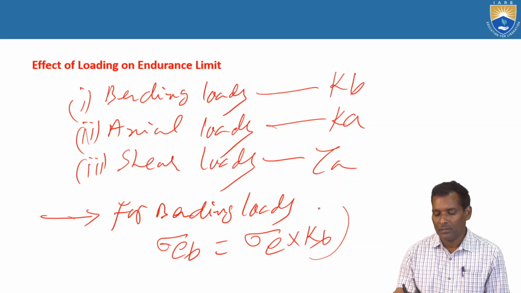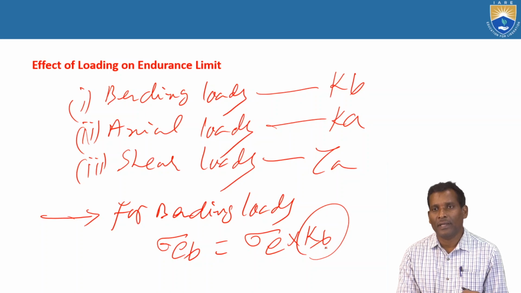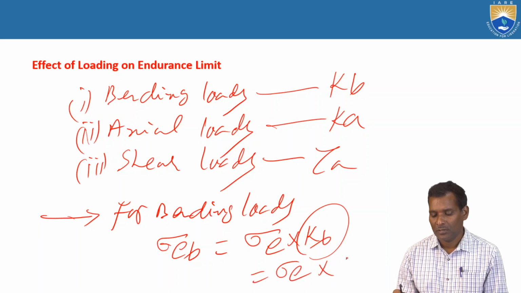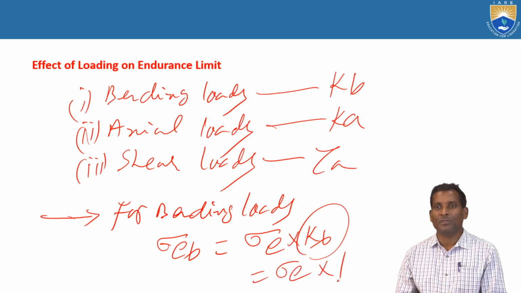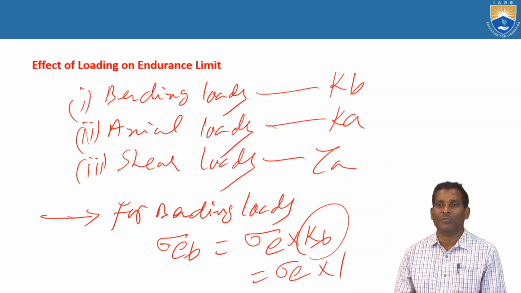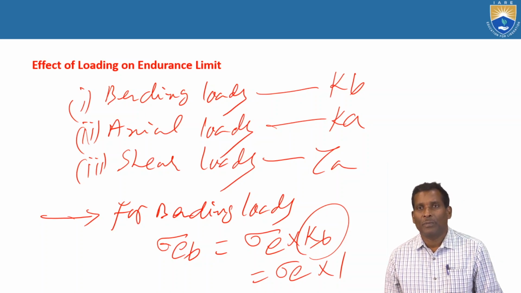Always take the KB value as unity; KB is 1 for bending load.